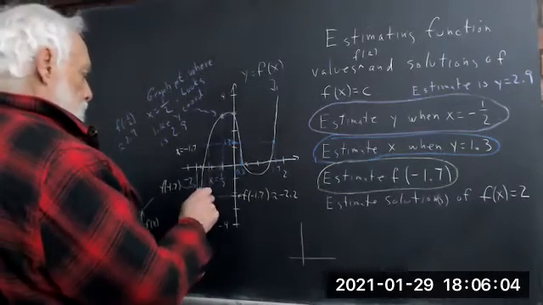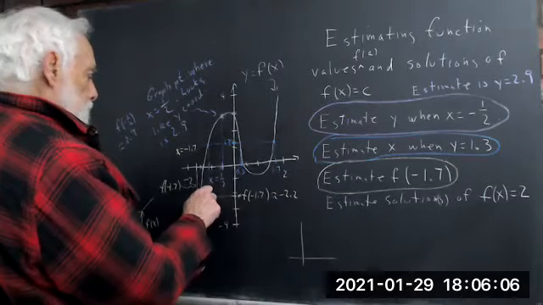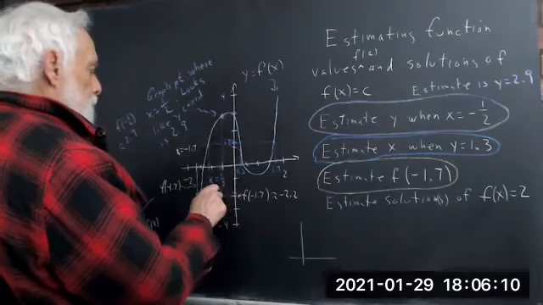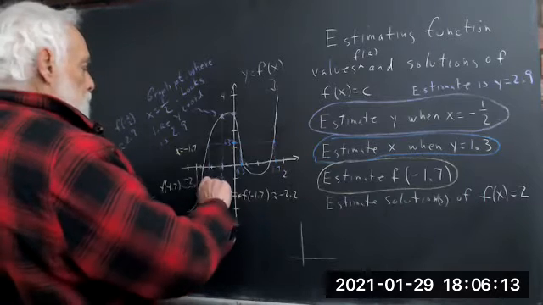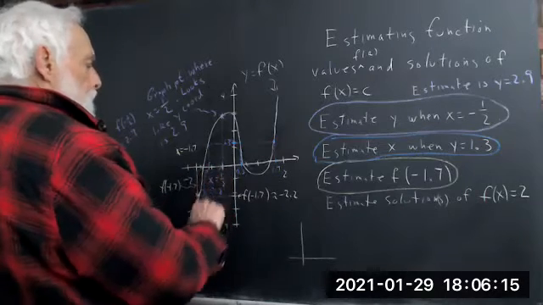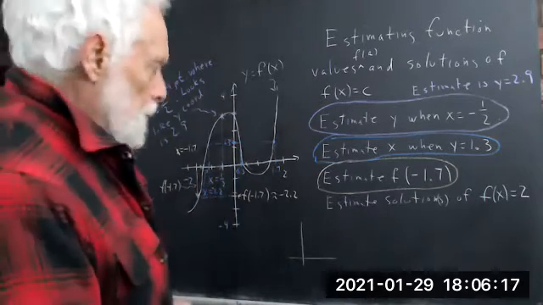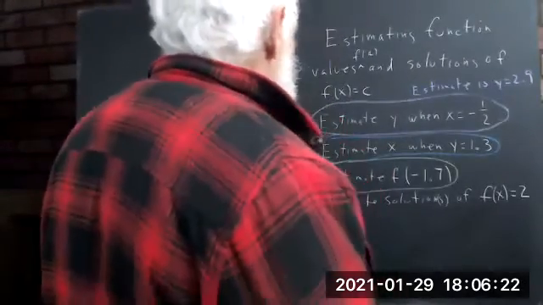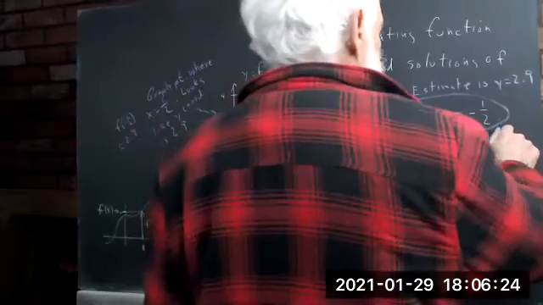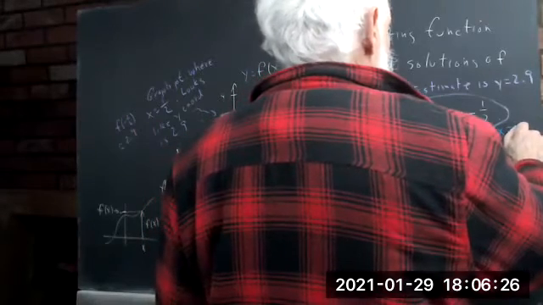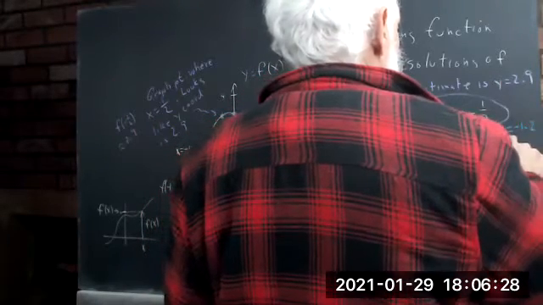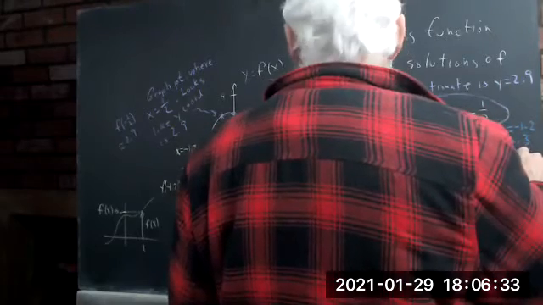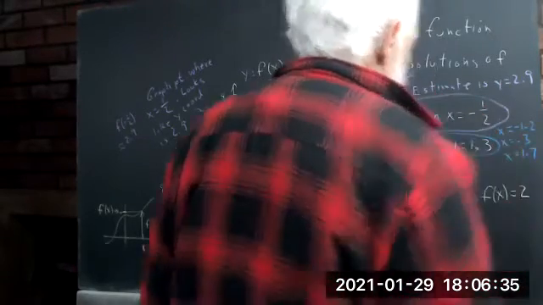You can have your own opinion, but as long as it's a reasonable opinion, x equals -1.2 at this point. Okay, so we have three solutions: x equals -1.2, x equals 0.3, x equals 1.7.